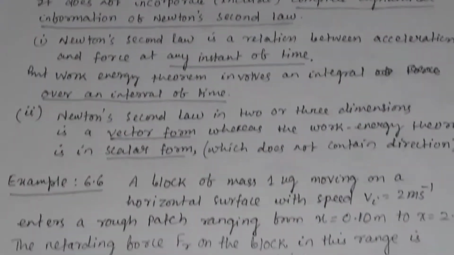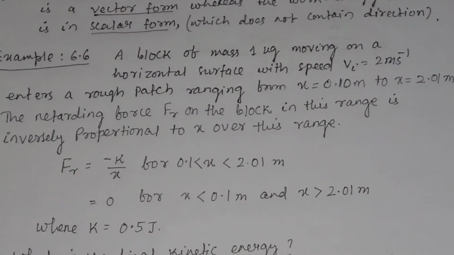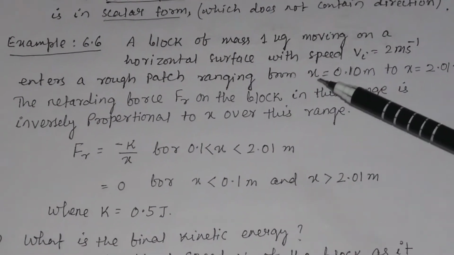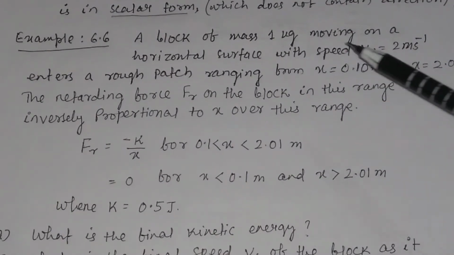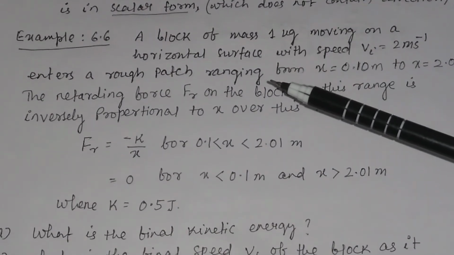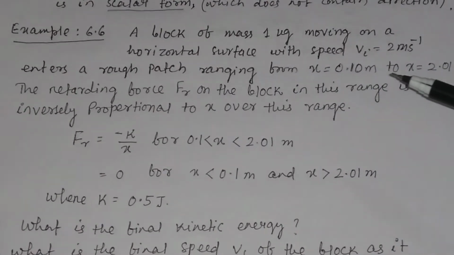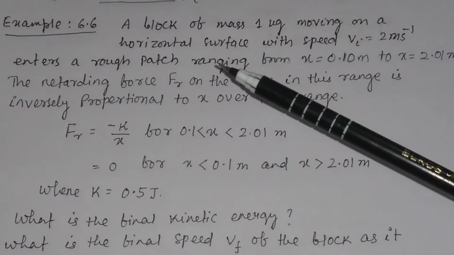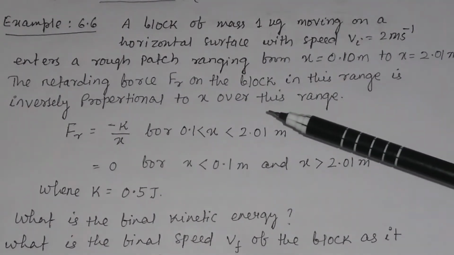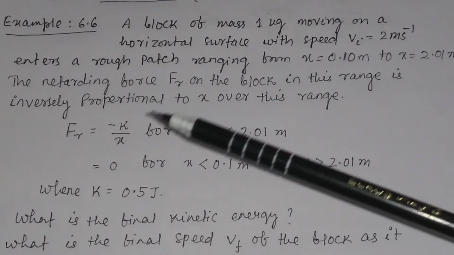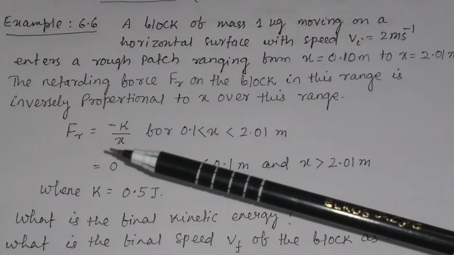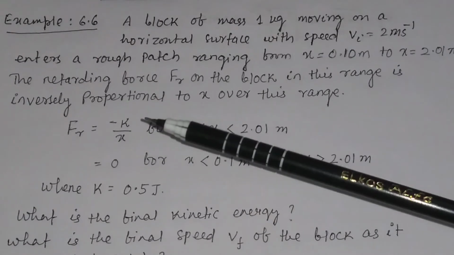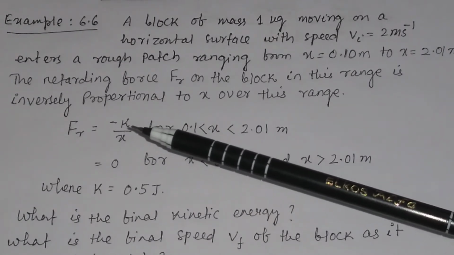Now let us work out a problem. A block of mass 1 kg moving on a horizontal surface with initial speed 2 meter per second enters a rough patch ranging from x equal to 0.1 meter to x equal to 2.01 meter. The retarding force Fr on the block in this range is inversely proportional to x, that is Fr proportional to 1 by x. So Fr is equal to minus k by x, because it is retarding, where k is a constant.